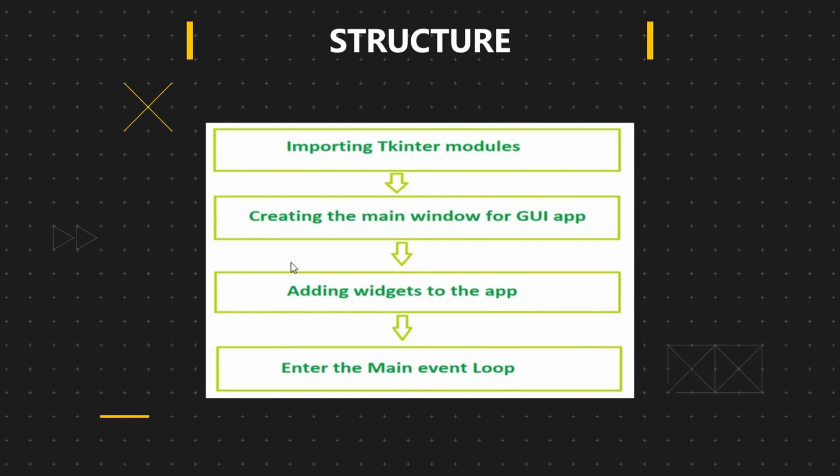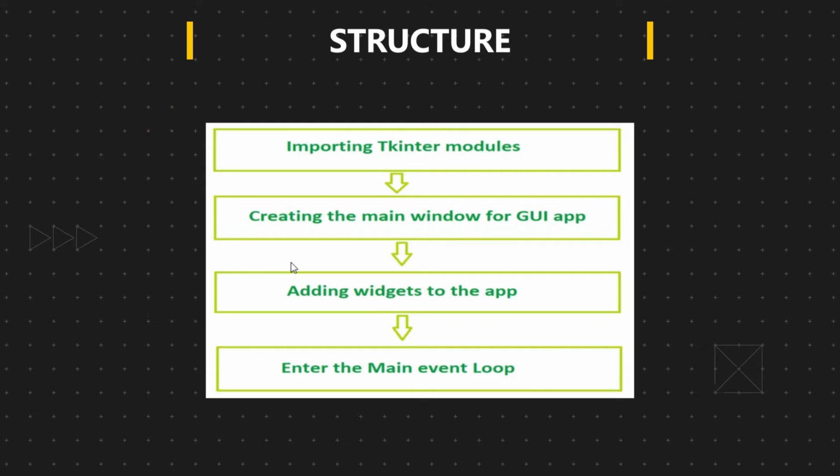The fundamental structure of a Tkinter program is that first of all you need to import the Tkinter module. I'm going to import it from Python's library. Then you create the window of your graphical user interface. Then we're going to add widgets. Widgets are simply objects, things like buttons.